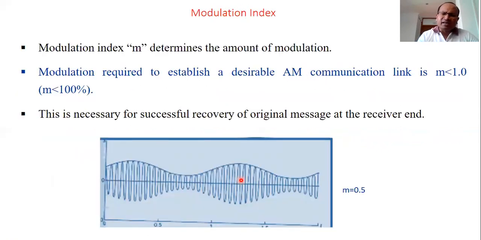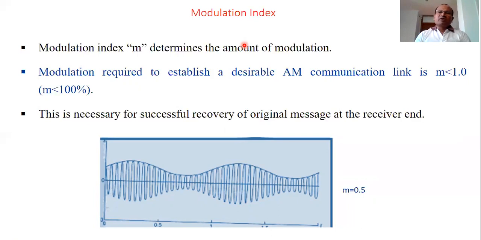Now, the modulation index. I think we have already given the introduction of modulation index. Modulation index determines the amount of modulation, how much modulation has taken place. That is determined by the modulation index.